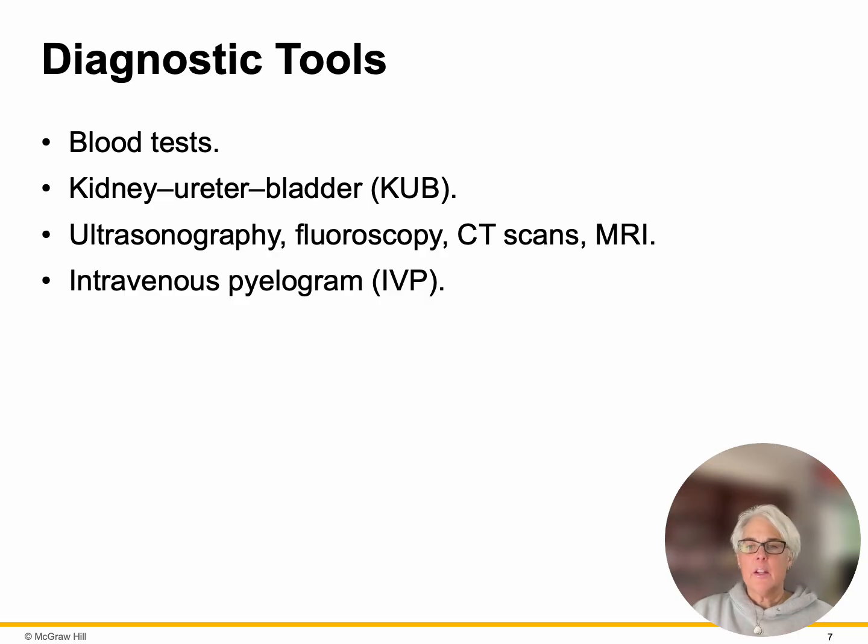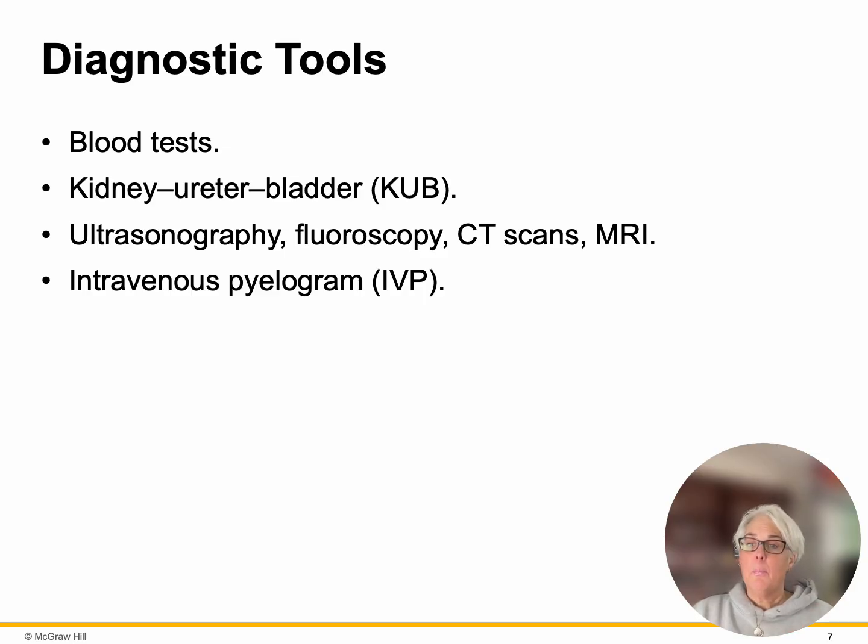And these are some of the diagnostic tests we're going to see with providers, who order the lab work done if they're suspecting kidney or urinary problems. Blood and urine tests tell us about the kidney function and infections.